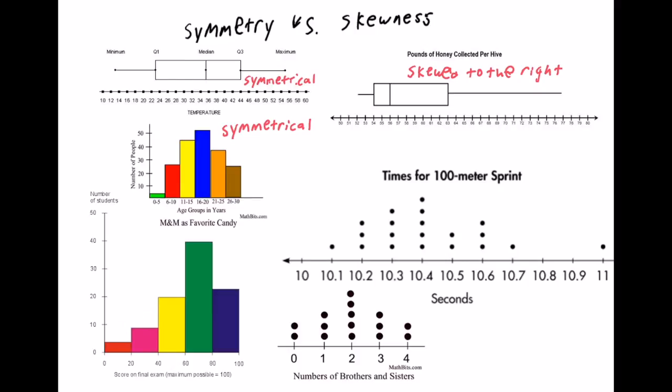If you're looking like a curve, there's much more data over here than there is over here. So it's being pulled more over this way. So we call this skewed in that direction. So that would be skewed to the left.